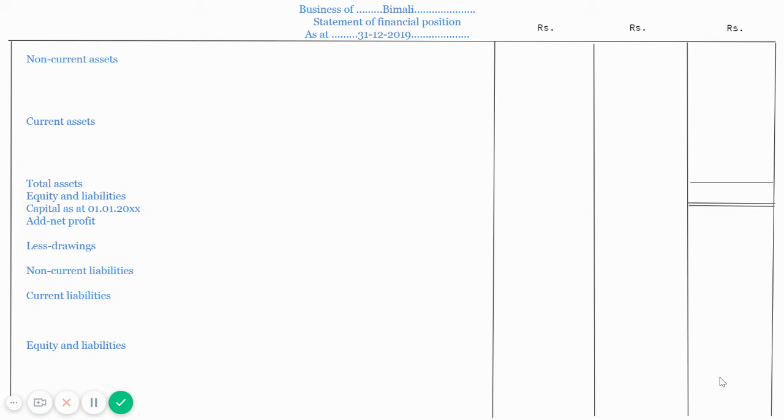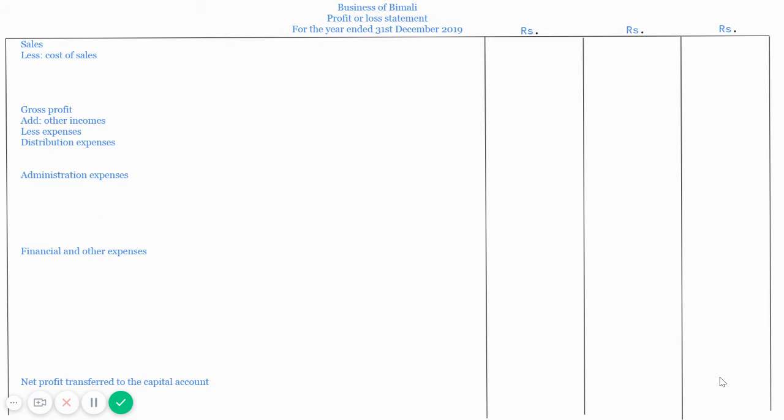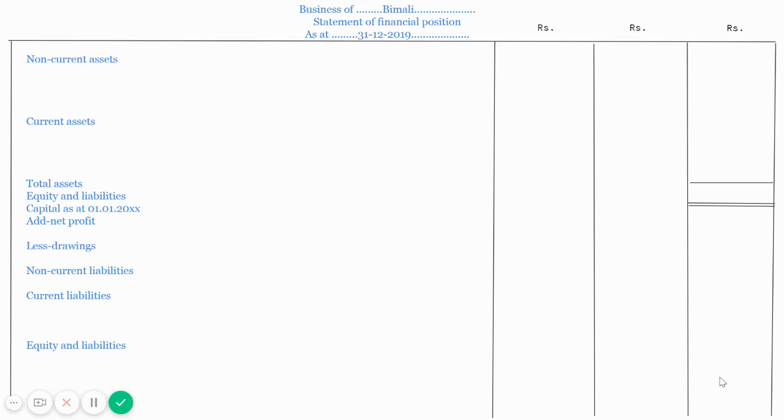Most probably it will be correct once the two figures are equal, but there can be errors in between. We'll learn about them later. So one thing that you have to remember is we have to draw the two formats parallelly.